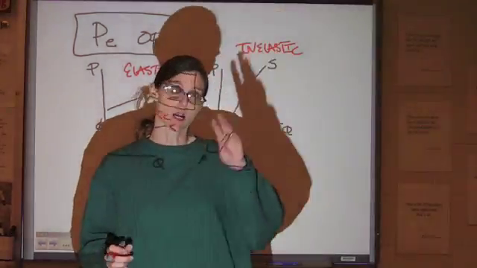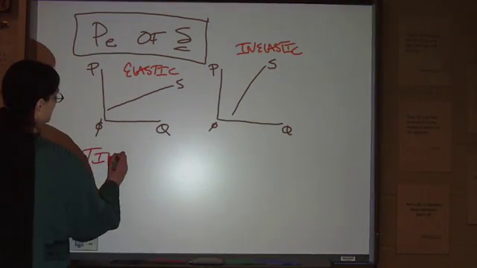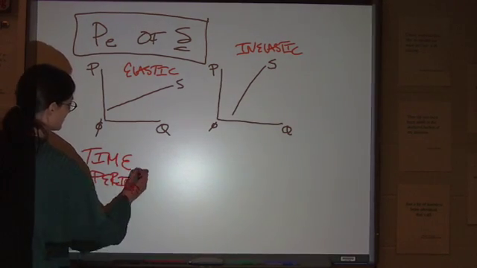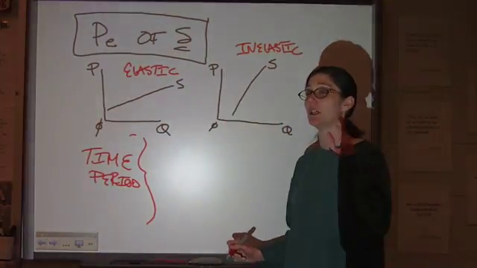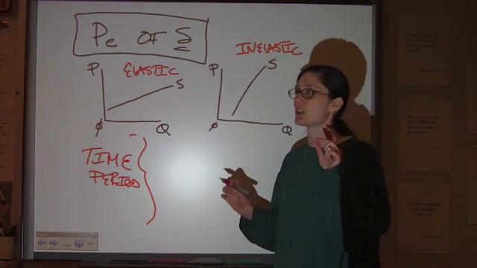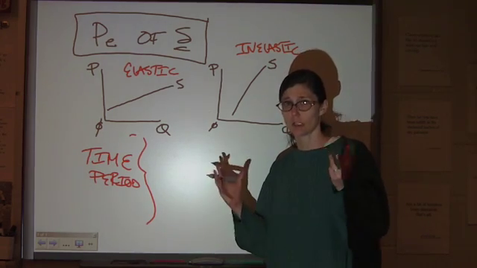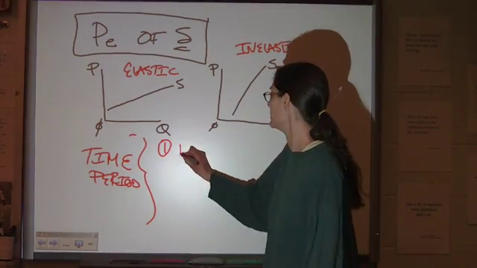There are 3 possibilities for time period. The first one, if we're talking about the potential for an immediate reaction in the market to a change in price, is called the market period.